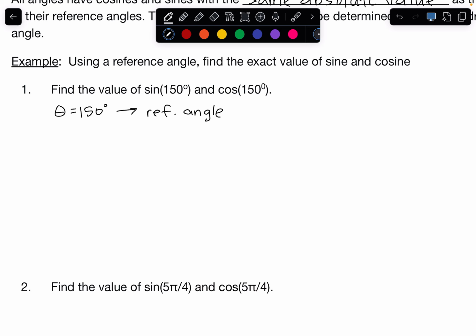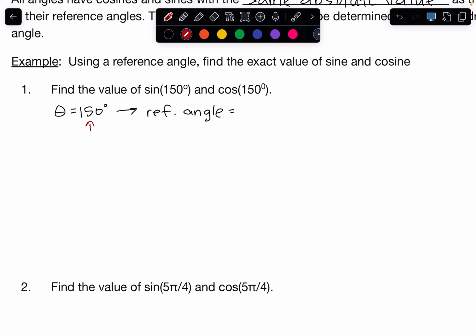And I'm going to use the reference angle to then find the values of sine and cos. I know for reference angles, I have to figure out which quadrant the original angle's in. So you're going to show me on your fingers 1, 2, 3, or 4. Which quadrant does 150 degrees sit in? 1, 2, 3, or 4.